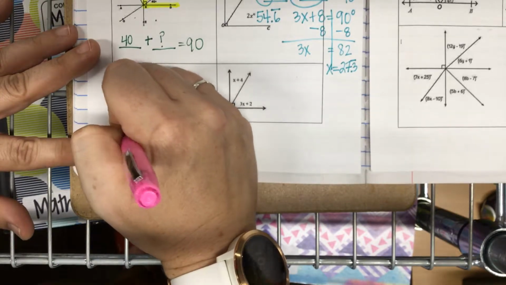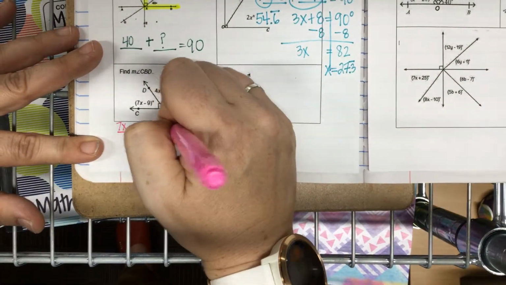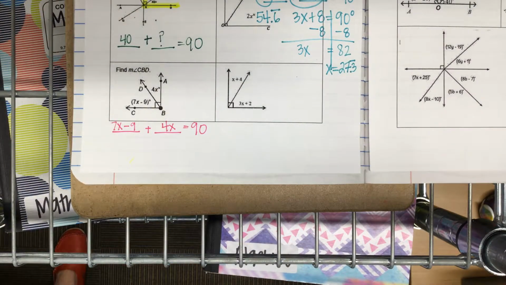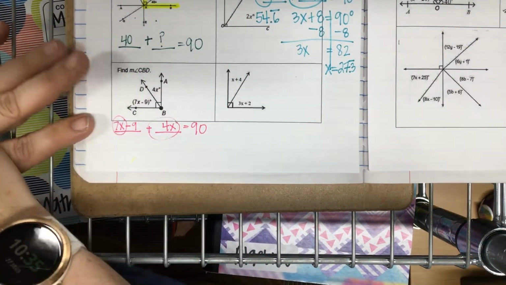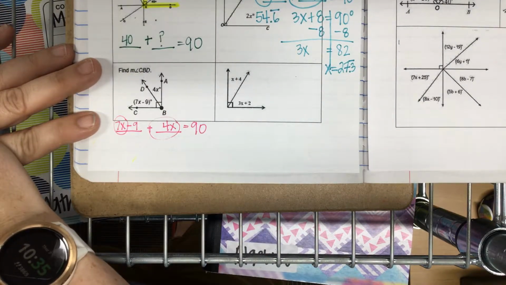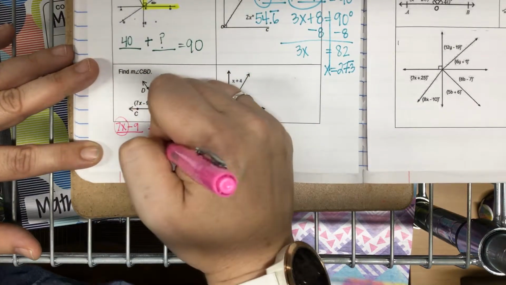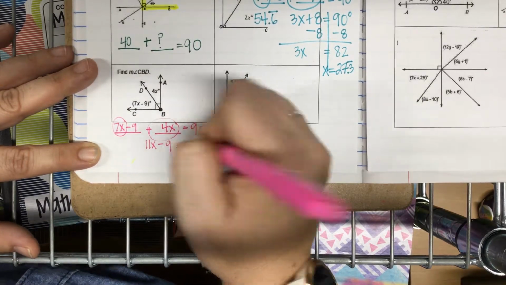If I do 7x minus 9 and then 4x in the second spot, or you could flip-flop them and do 4x and 7x minus 9 in the second one. Doesn't matter. Let's combine like terms. 7x's plus 4x's is 11x's minus 9 equals 90.